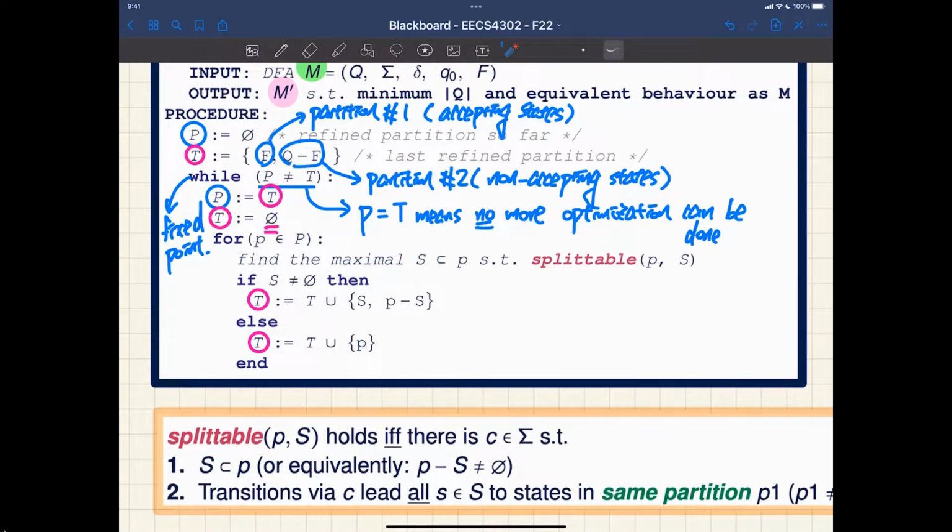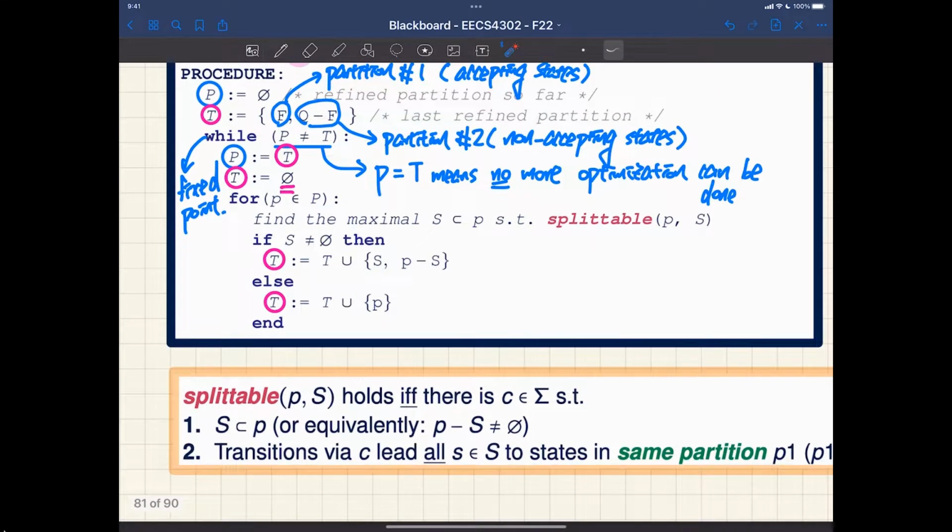Let's go over the definition, and then we'll do an example. What does it really mean to be splittable? Splittable simply means you can find some proper subset from the partition so that every state in the subset can be led to the same partition, but that partition is not equal to P.